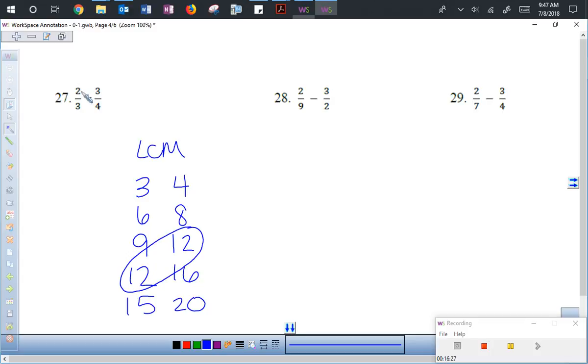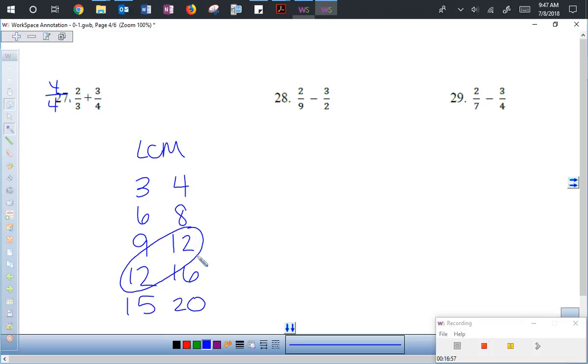So if I look at my first fraction of 2 over 3, I want to think, okay, how do I turn a 3 into a 12? And if you'll remember, we multiplied it by 4. So that means I want to multiply 2/3 by 4 over 4. Now this fraction over here, 3/4, I want to turn this denominator into a 12 as well.